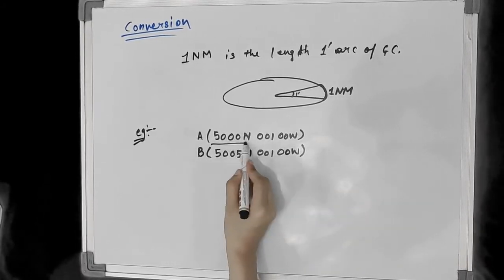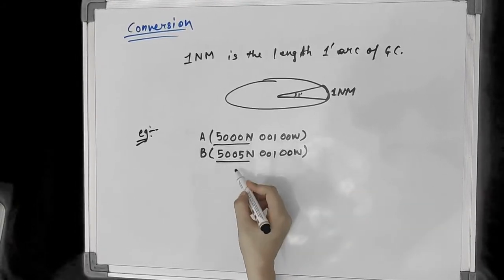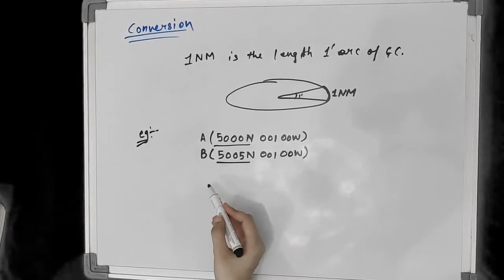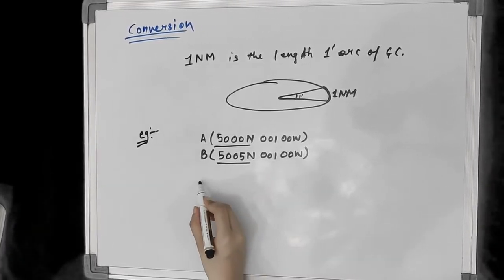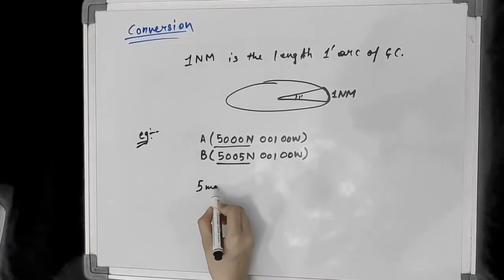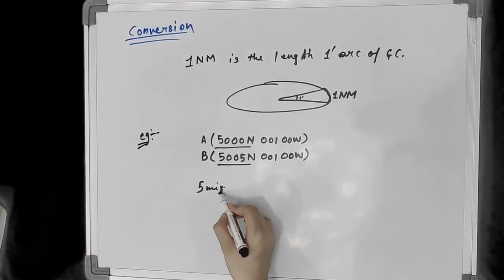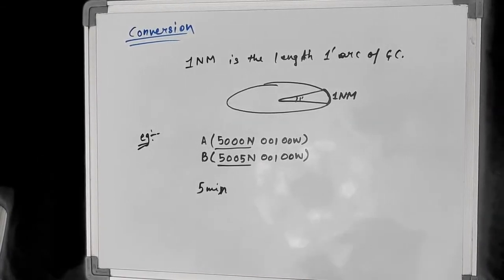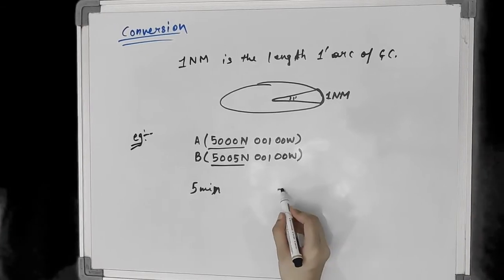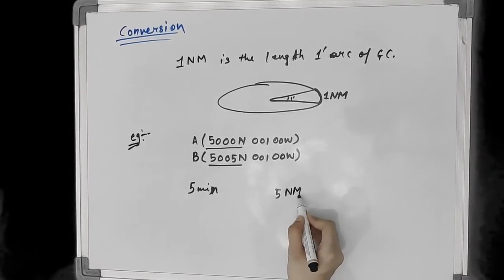You can see it here. The difference in latitude between positions A and B is exactly 5 minutes. So this means the 2 points A and B are 5 nautical miles apart.